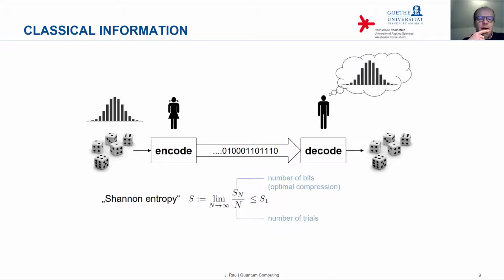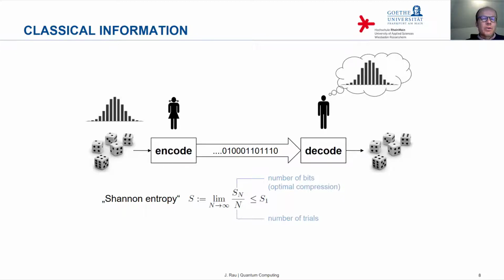Imagine the random experiment of Alice is a simple coin flip with an ideal coin, so 50-50 probability. Then it's clear the two possible outcomes, heads and tails, are like the two values 0 and 1 of a classical bit. So in that case, there's nothing to be gained by waiting until Alice has flipped the coin 10 or 20 times.